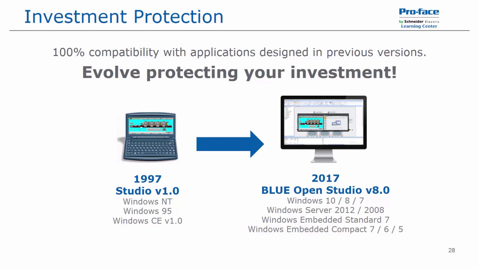That is because the software has been designed and developed and updated to retain backwards compatibility throughout. This allows you to evolve or improve your application while also protecting your investment. It reduces downtime when updating or migrating your applications or your hardware when you're redesigning your systems.